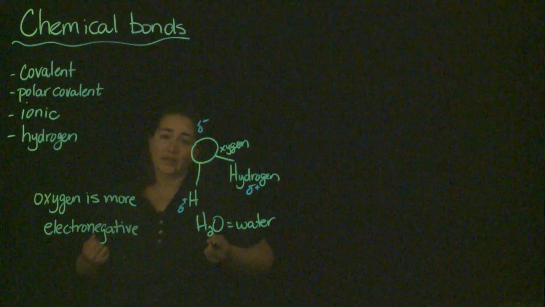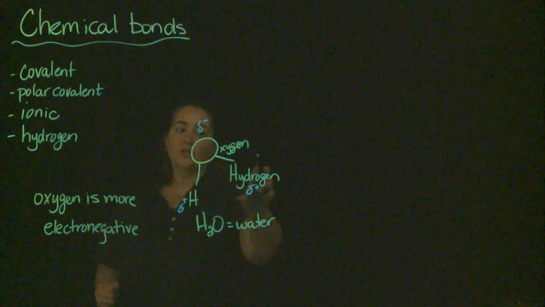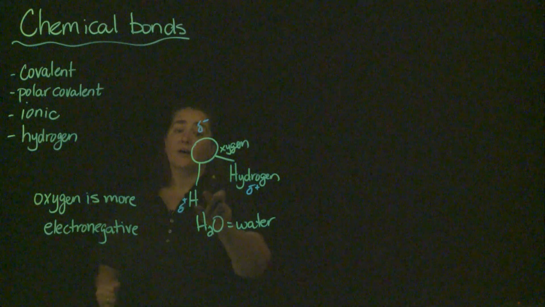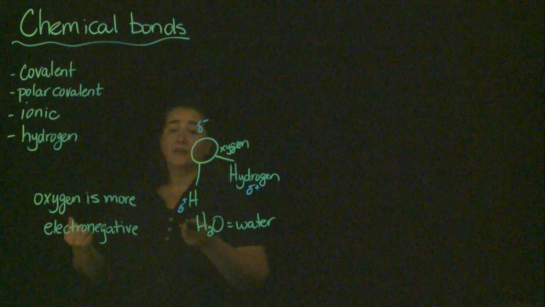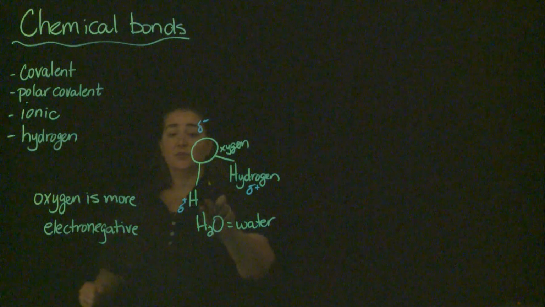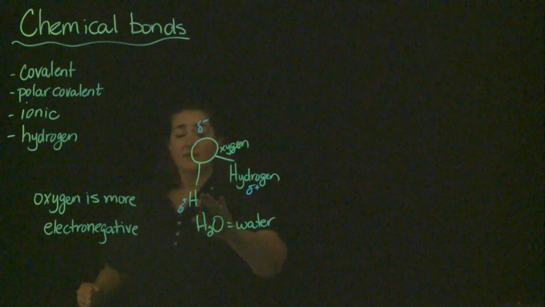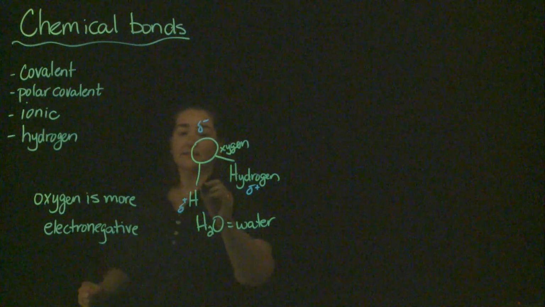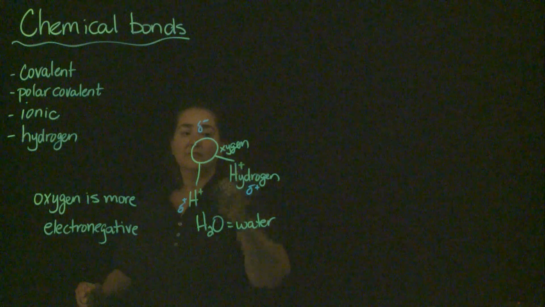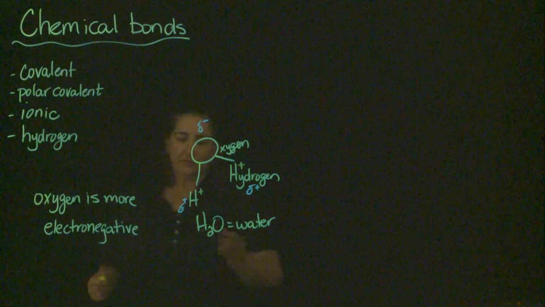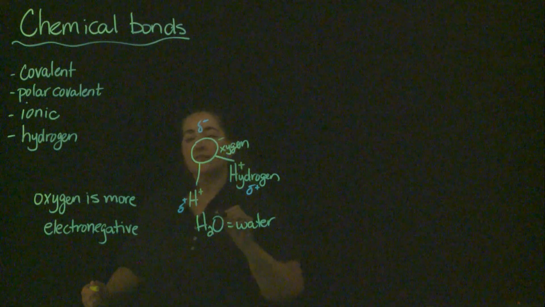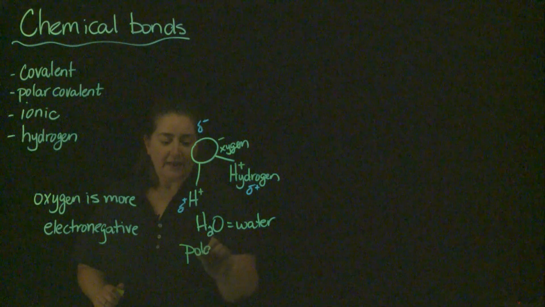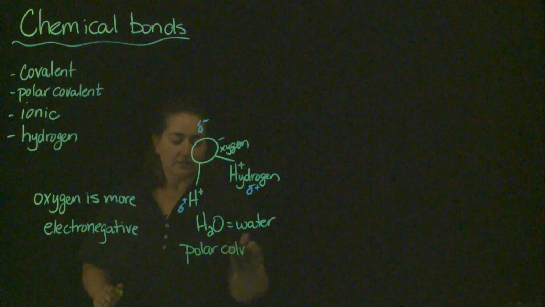It's kind of pulling those electrons away from hydrogen, but hydrogen doesn't want to completely give up that electron because otherwise that's going to mess with its outer shell, okay? And it won't have a complete shell. So hydrogen pulls back and says, no, I need to keep some of that. So our hydrogen is going to have a slight positive charge. Oxygen is going to have a slight negative charge. That's our polar covalent.